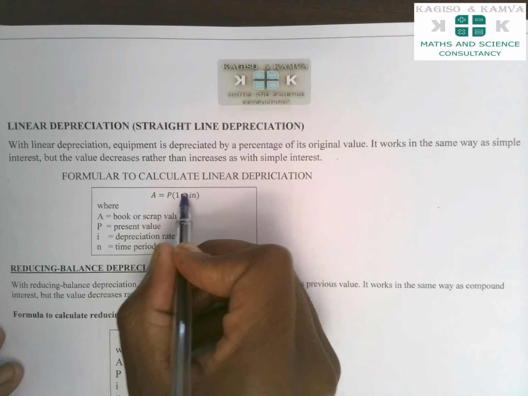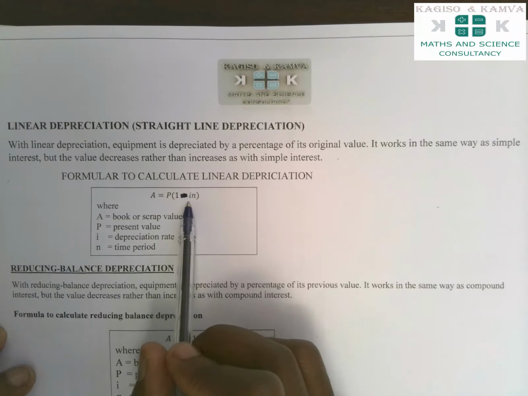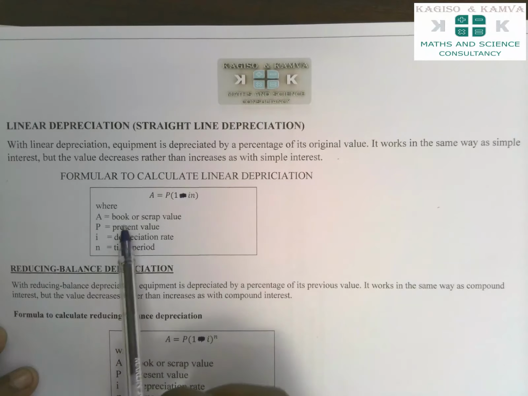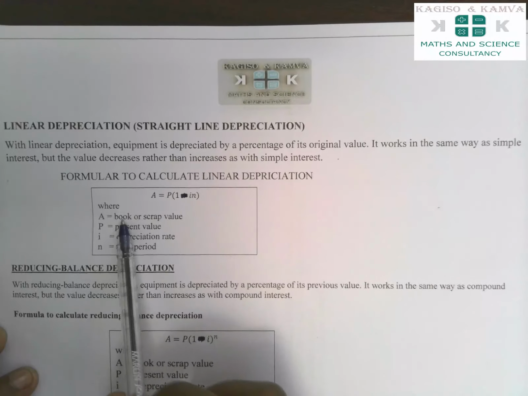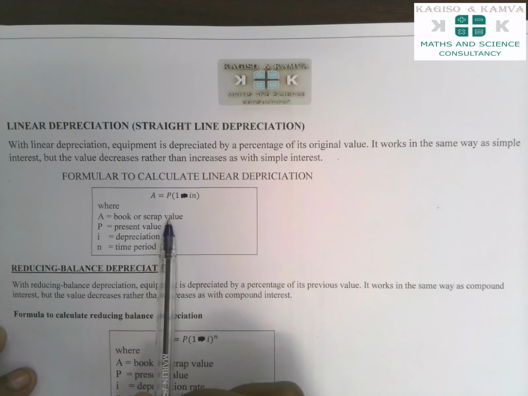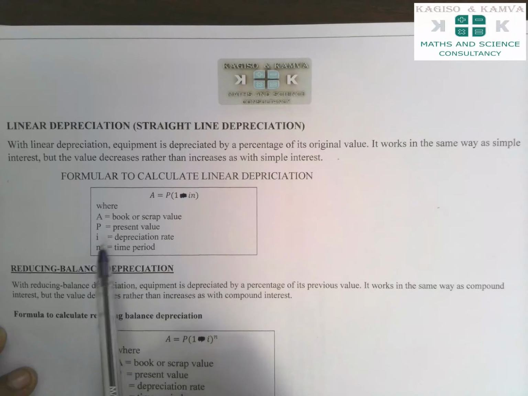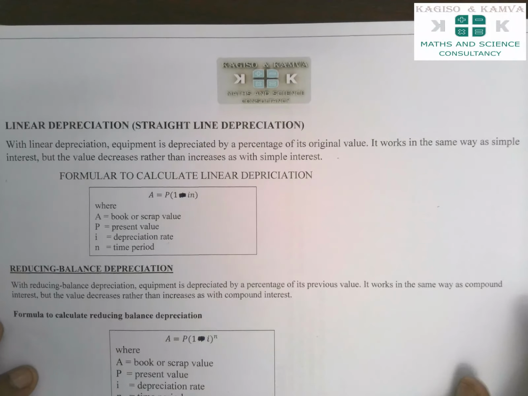The formula is the same as that of simple interest, but with a negative. This is the formula that we use to calculate the linear depreciation, where A is not an accumulated amount but a book value or a scrap value, P is the present value, I is the depreciation rate, and N is the time period.